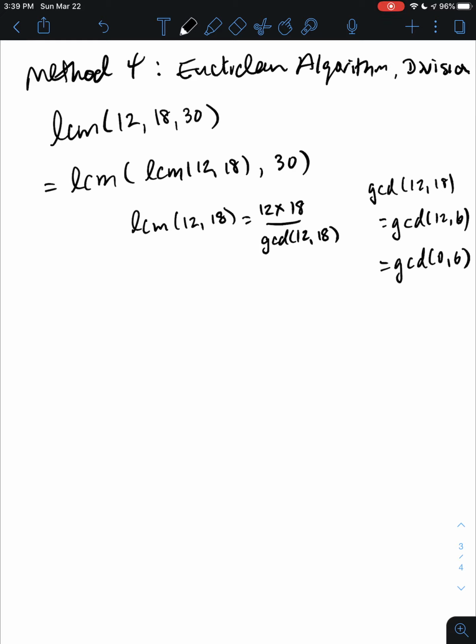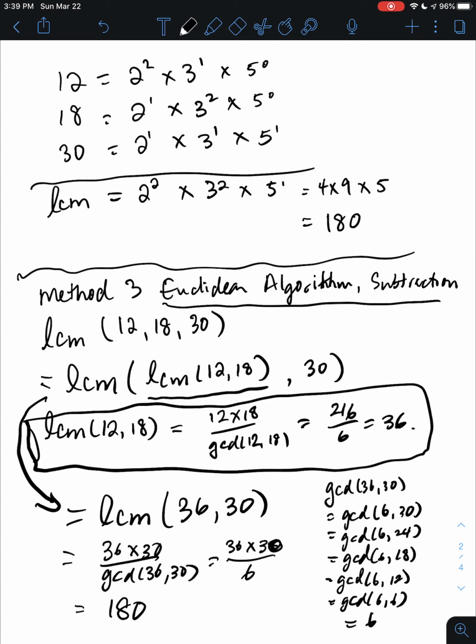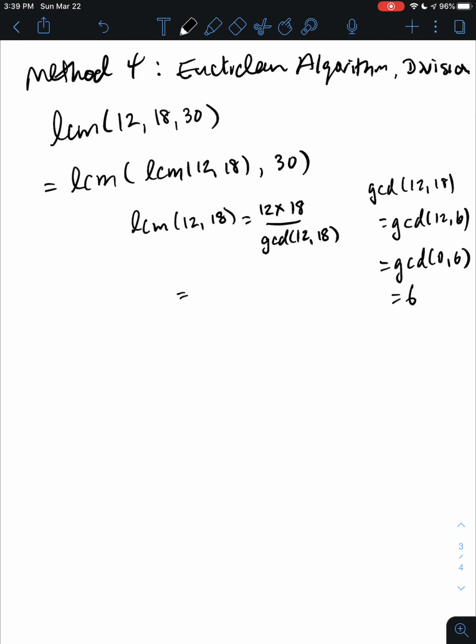So that's just doing divisions, two divisions. I'm not writing all the details at this point because I've already done it. You should know all this already. Final result here was 6, and so this LCM is 12 times 18 is 216 divided by 6. I got 36.